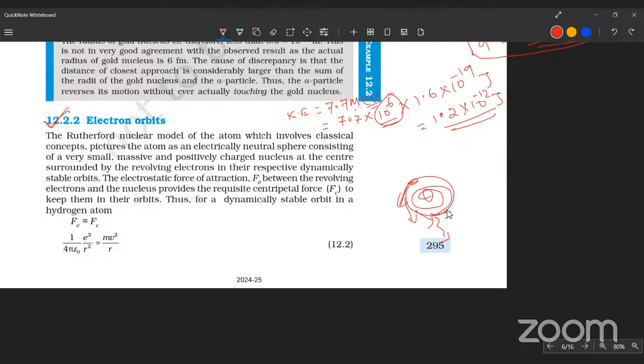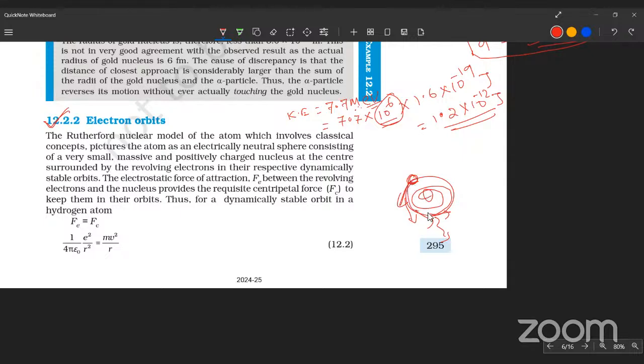That's why the Rutherford atomic model was not accepted properly at that time. People thought that if electrons fall onto the nucleus, the atom will not be stable, but that is not happening. Atoms are stable. So they wondered what the positions of the electrons are.